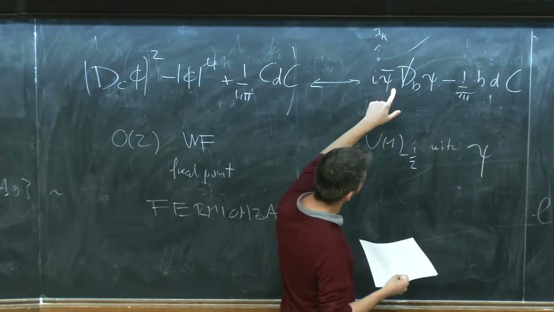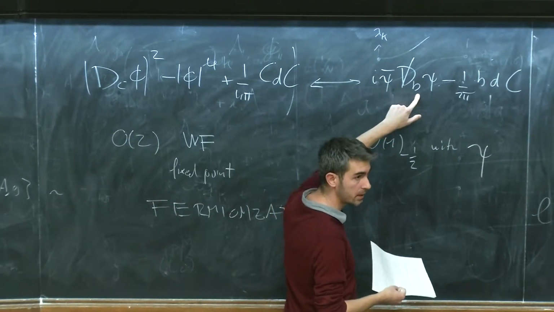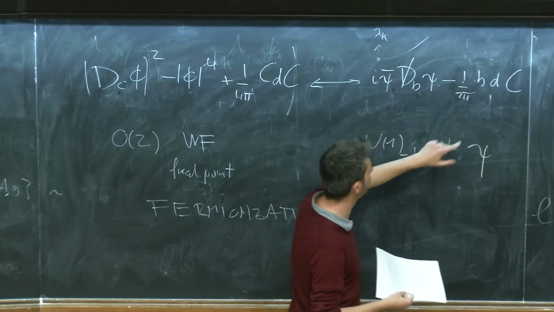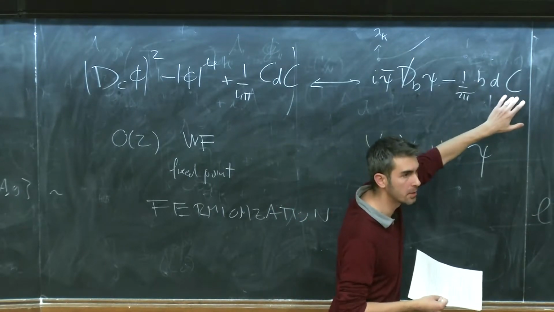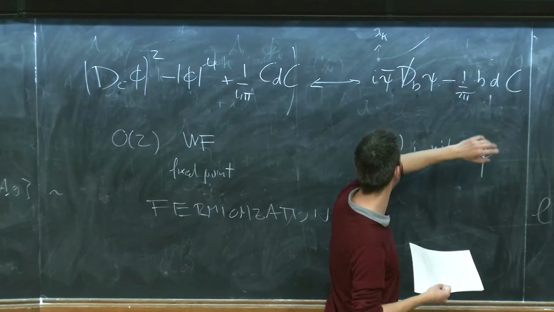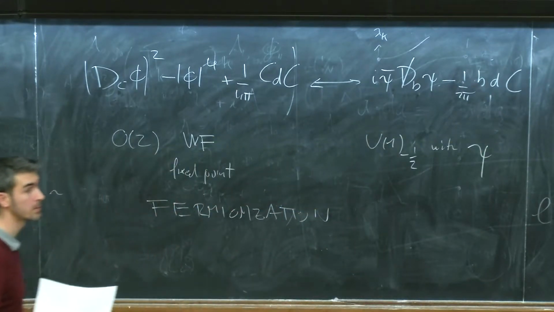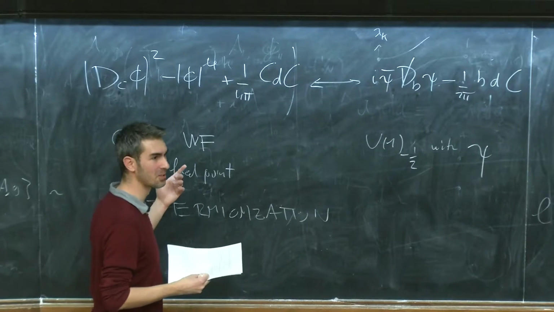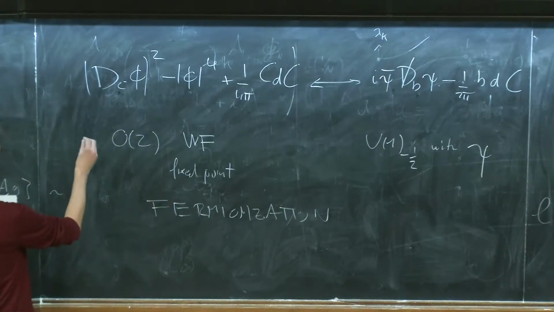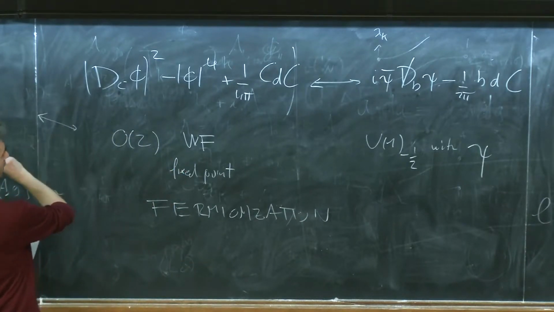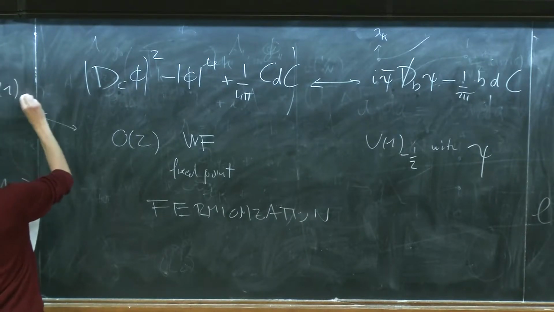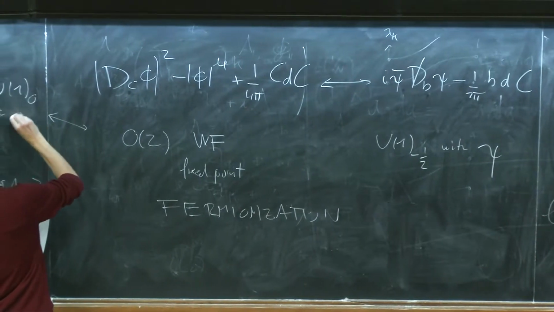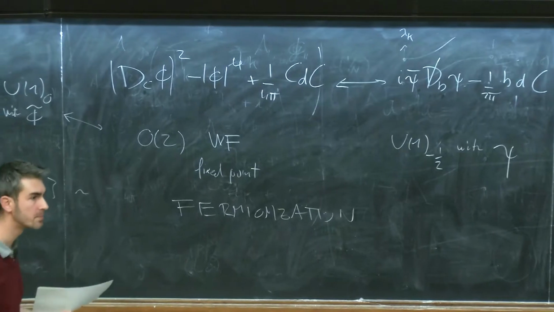On this side, we have a fermion coupled to a dynamical gauge field, and the level is -1/2, and it is coupled still to its background for the magnetic symmetry. Yes, that is true. This is also dual to U(1) level 0 with phi tilde.